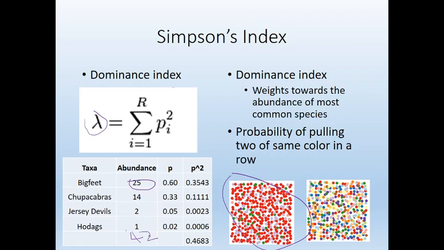You take 25 divided by 42, and you get 0.6, and then 0.6 times 0.6 equals 0.35, and then you do that all the way down and add them up. For this mythical community, the probability of pulling two of the same species is 0.46.